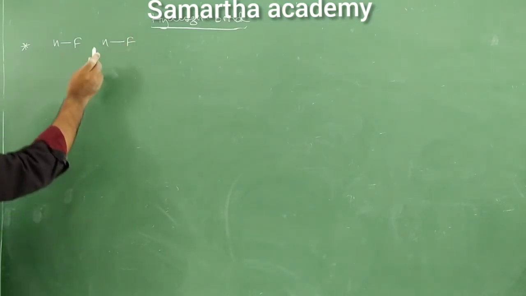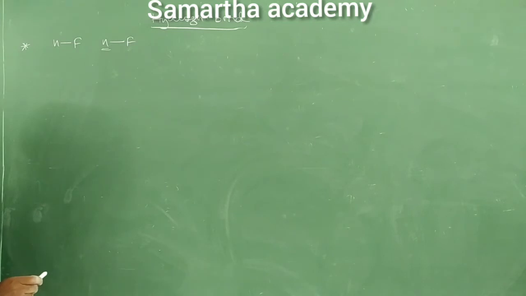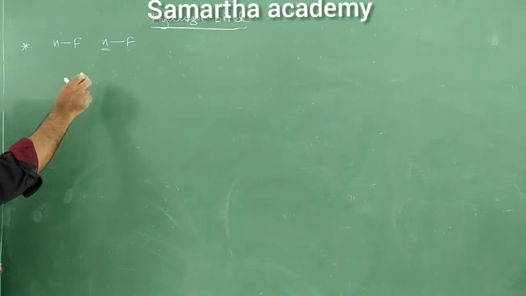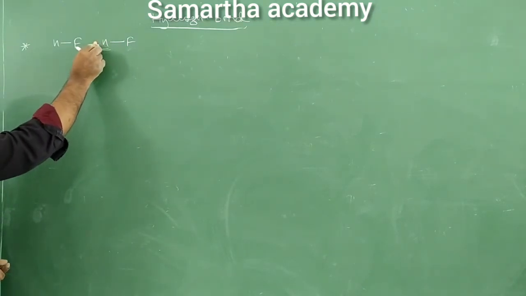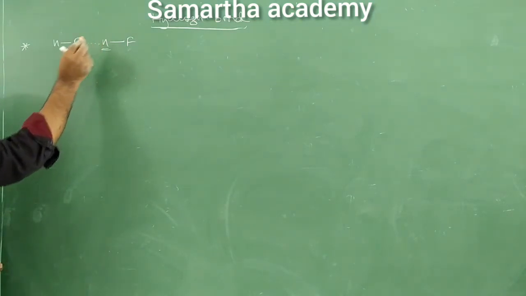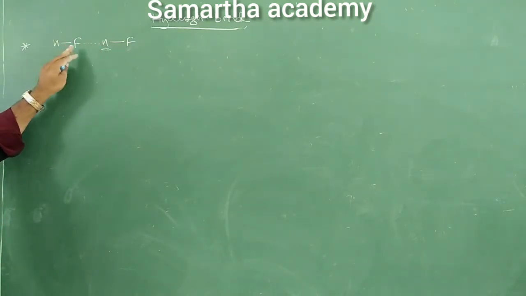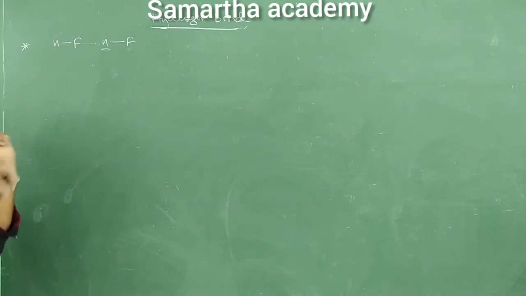This is the hydrogen atom of one molecule and the most electronegative element is fluorine, fluorine of another molecule, right? So here one kind of weak interaction is present, between hydrogen of one molecule and fluorine of another molecule. So this is called what? Hydrogen bond, right?